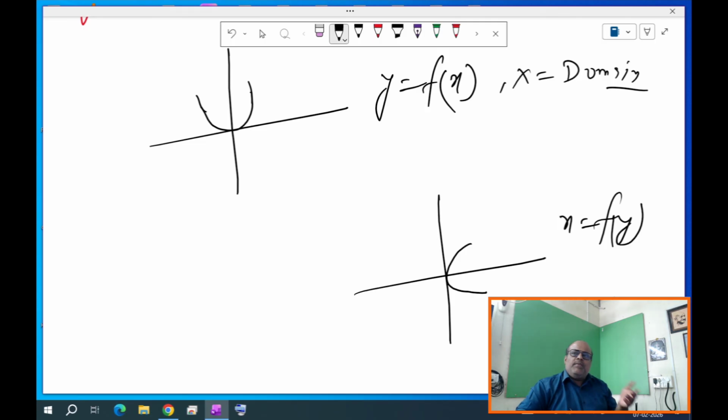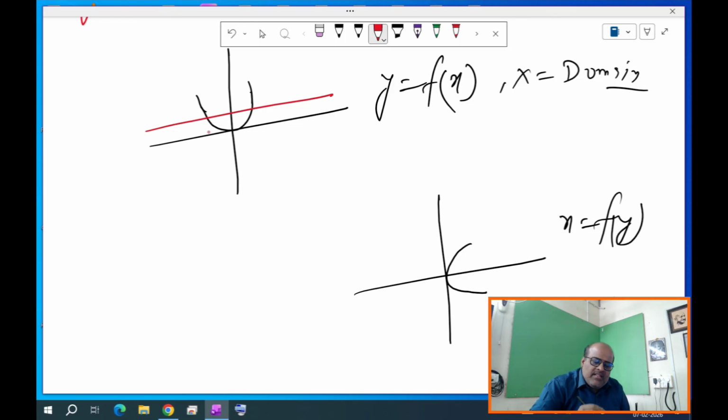But here we choose the straight line parallel to the domain. Hereafter we have to look at the range, not the domain. The domain is already defined. We have to check whether for different domain points we get the same range; then it is not 1-1. If we get a distinct image, then it is 1-1.